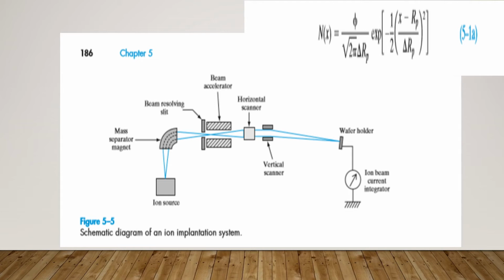As the impurity atoms enter the crystal, they give up their energy in collisions and finally come to rest at an average penetration depth called the projected range. Depending upon the impurity and the implantation energy, the range in a given semiconductor may vary from a few hundred angstrom to about 1 micrometer. For most implantations, the ions come to rest distributed almost evenly about the projected range Rp.